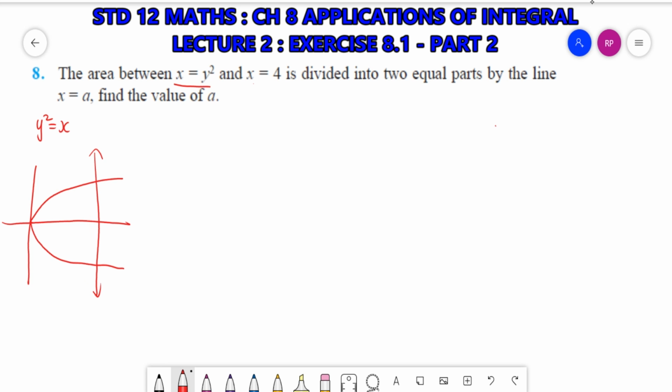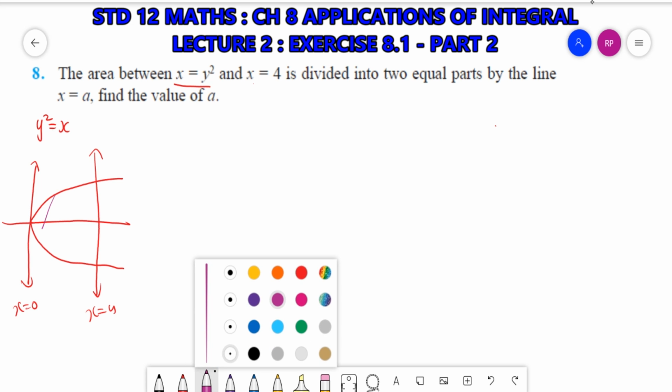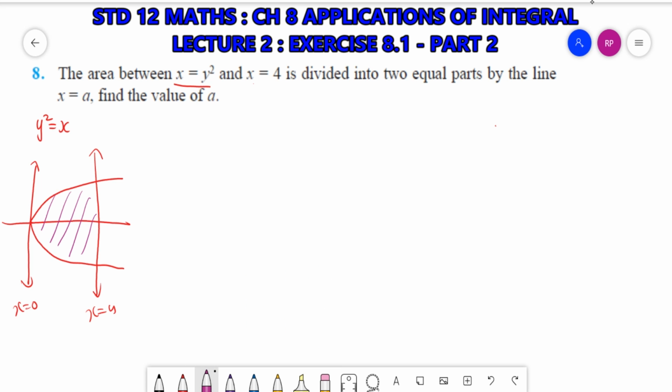This will be line x equal to 4. This is x equal to 0. So parabola and this line, so the area will be this shaded region.